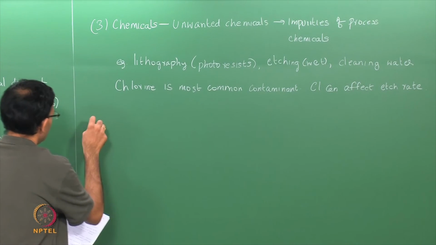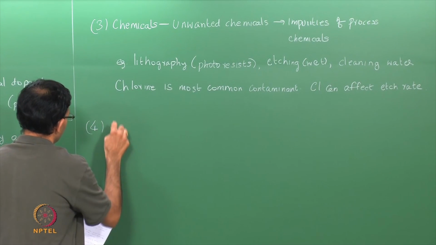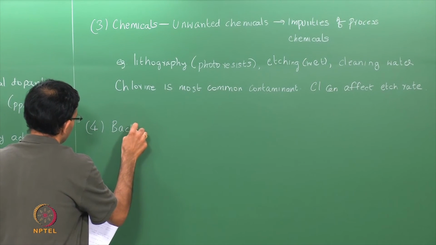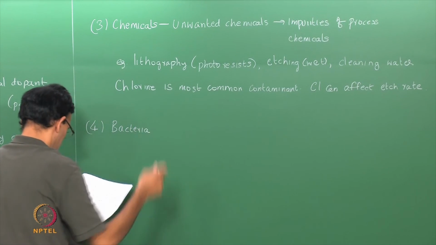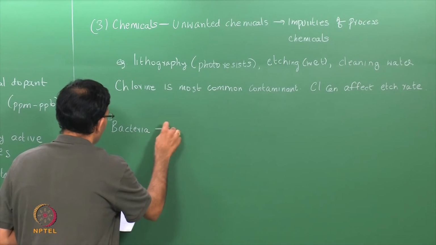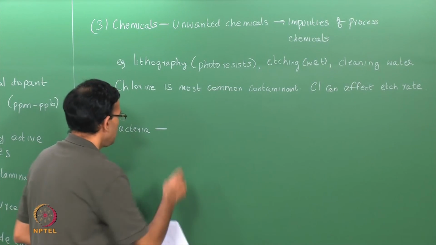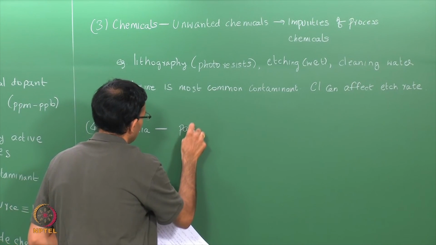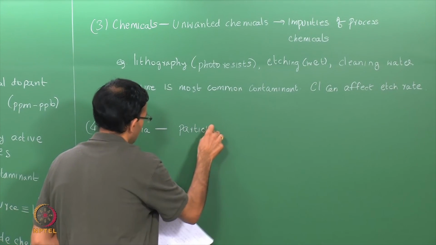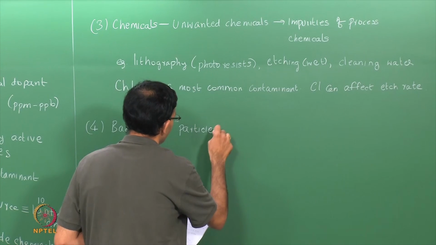Bacteria is another type of contaminant. So, this essentially acts as a particulate contaminant because typical bacteria sizes are again of the order of nanometers or more.